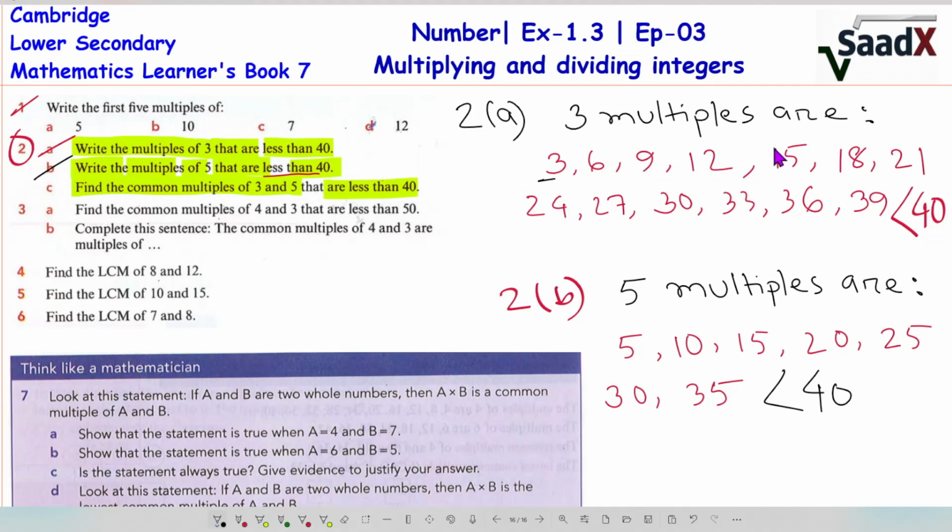So here is 15. Okay, look, we can circle this one, 15, and here is also 15. 18 not available, 21 not available, 24, 27, 30. This 30 is available. Here is 30, here is also 30, which is less than 40.